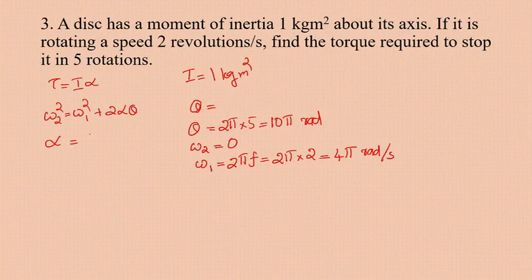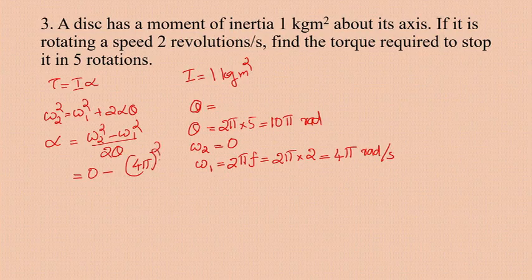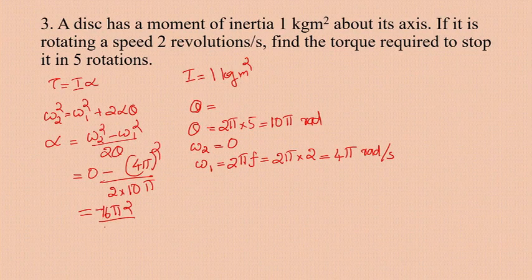Alpha is equal to omega 2 square minus omega 1 square divided by 2 theta, that is 0 minus 4 pi square divided by 2 into 10 pi, that is negative 16 pi square divided by 20 pi.